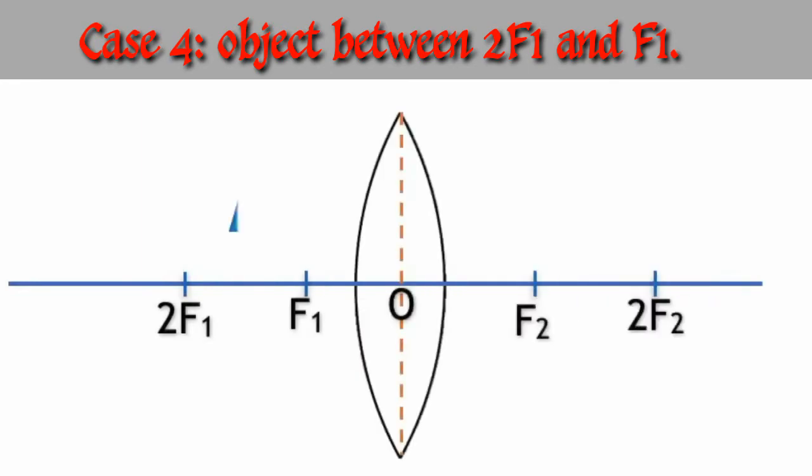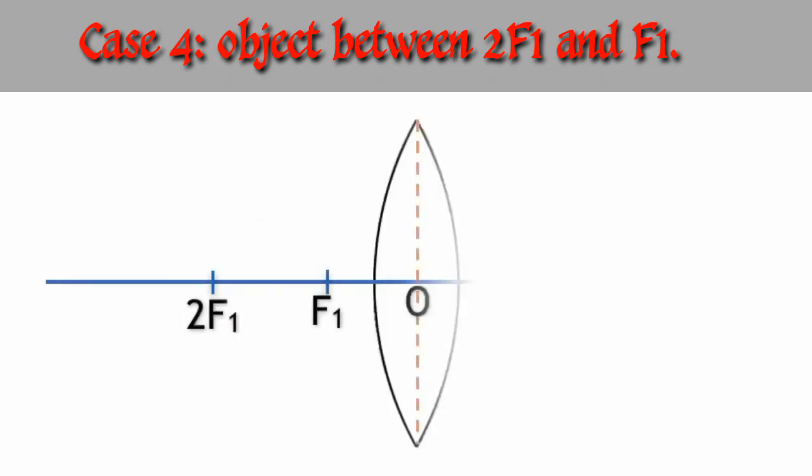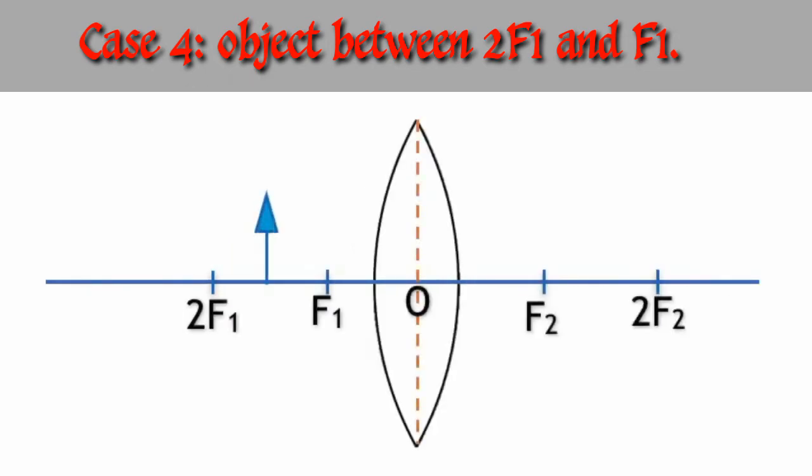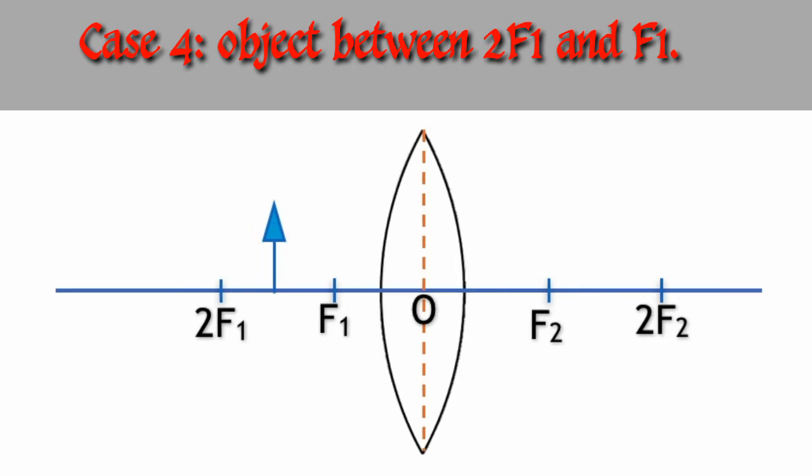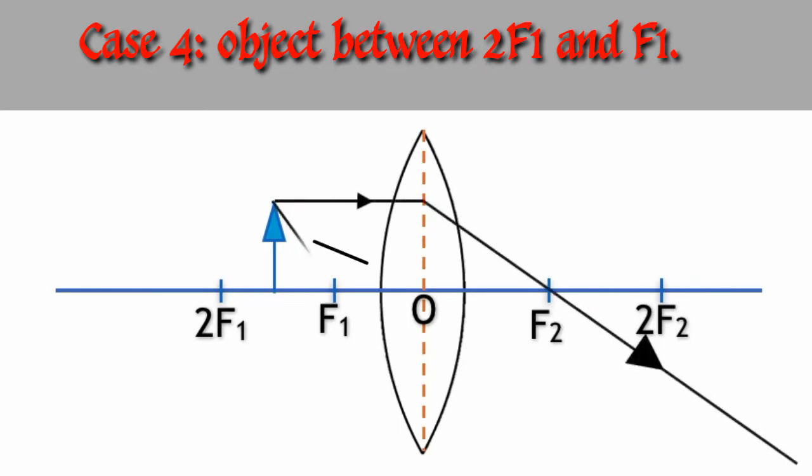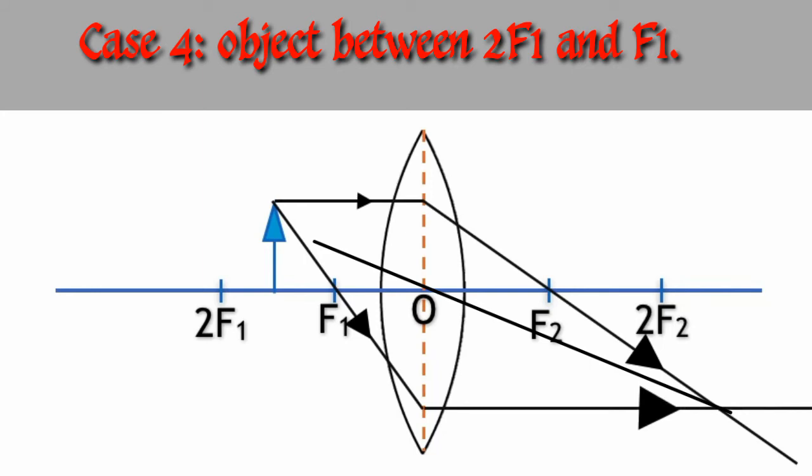The fourth case, we have to consider the object between f1 and 2f1. Consider an object between f1 and 2f1. From the top point, we have to consider two light rays. First one parallel to the principal axis, then after refraction, it passes through the principal focus. Second one, we can consider the light ray directed towards the optic center, and it moves without any deviation.